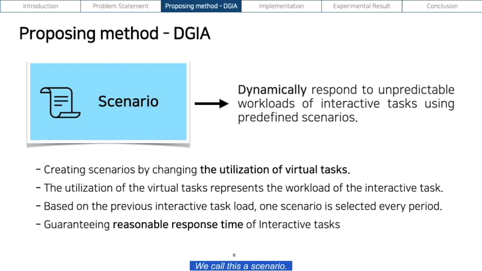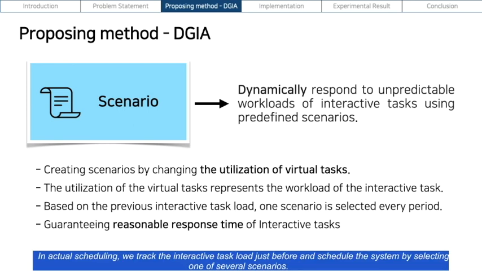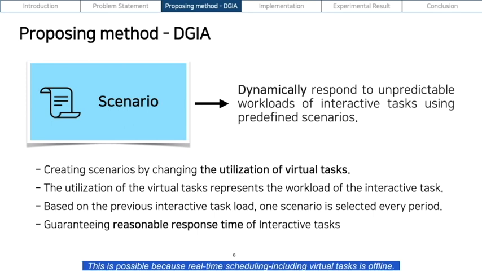We call this a scenario. Here, the utilization can be matched by a lot of interactive tasks. In actual scheduling, we track the interactive task load just before and schedule the system by selecting one of several scenarios. This is possible because real-time scheduling, including virtual tasks, is offline.